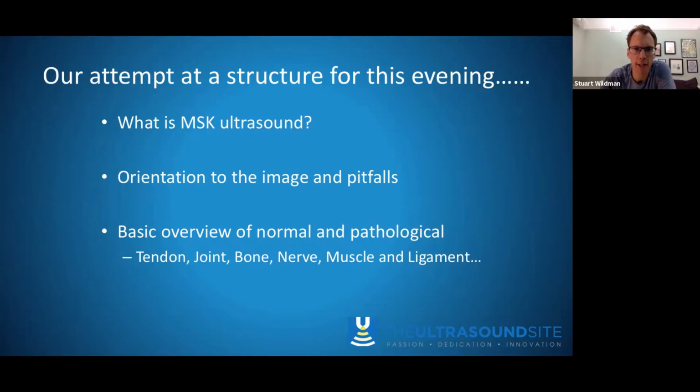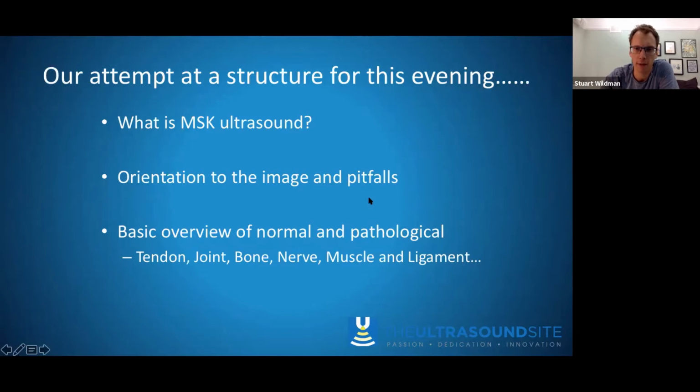And then looking at a basic overview of normal and pathological changes around tendons, joints, bones, nerves, muscles, and ligaments. And hopefully by the end of that, we will have covered a lot of areas that you'll encounter in clinical practice, but also for those of you who are completely new to the topic, we're at least hoping that you'll go away with a bit more of an idea of musculoskeletal ultrasound than you were at 8:55 p.m. London time.